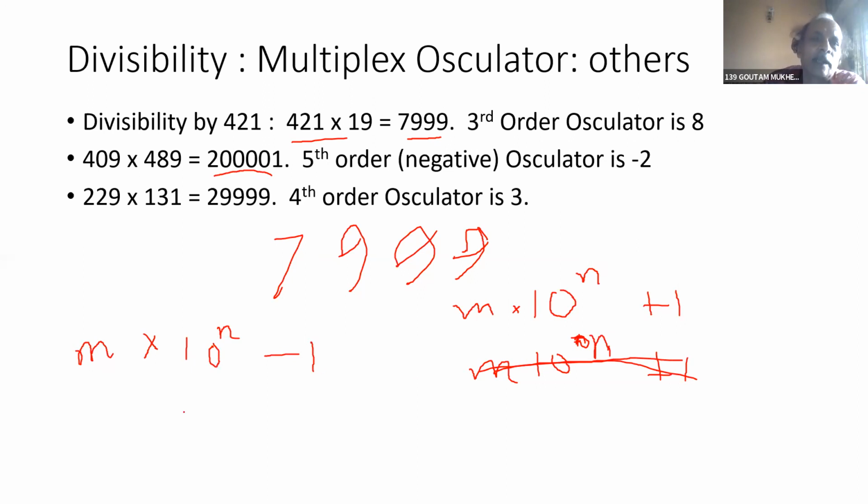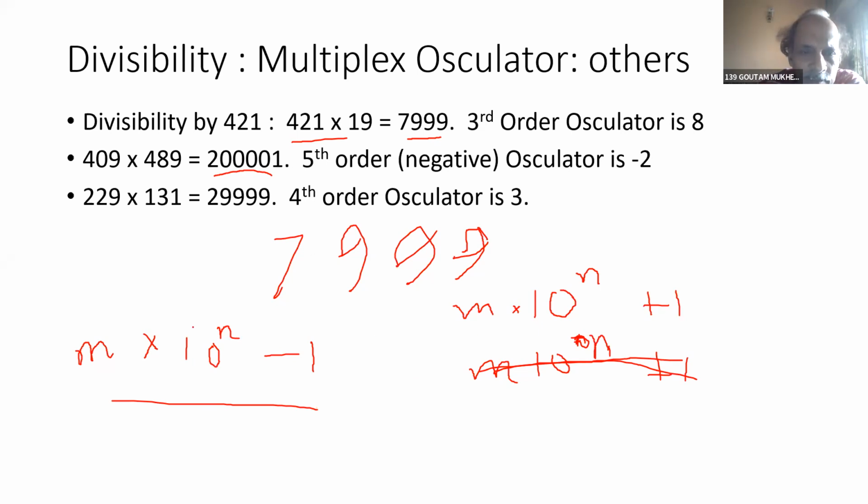And in case m into 10, this I'm now considering this one. In case a multiplier m into 10 to the power n minus 1 is divisible by a divisor, its oscillator becomes plus m.